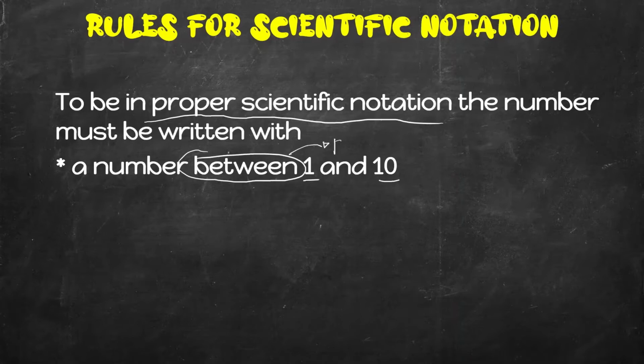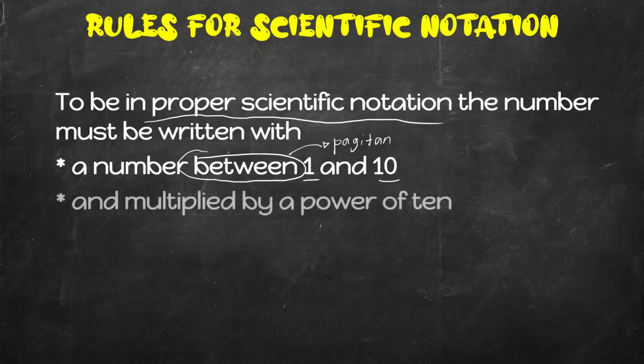So, yung number natin, when we are writing it in a power of 10, dapat yung number na yon must be between 1 and 10. Ano pa? And multiplied by a power of 10. So, yun yung nakikita nyong times 10. Minsan, times 10 raised to 3, raised to 2, raised to 4, raised to negative 6, etc.